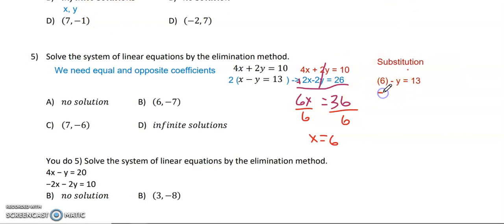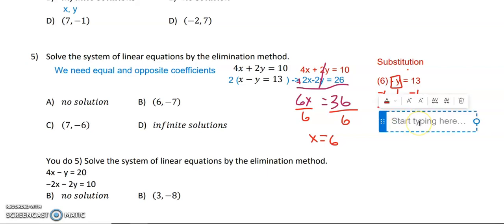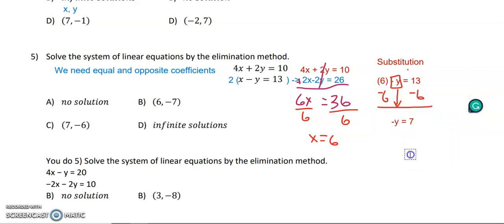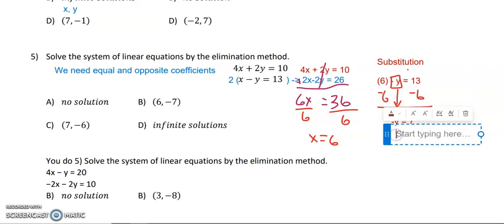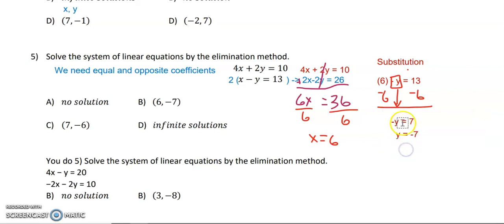So I'm going to minus 6 on both sides. Okay, and then the negative y is going to come on down. So I'll get negative y is equal to 13 minus 6 is 7. And then I should change the sign. So instead of negative y, now I'm going to have y, and instead of 7, I'll have negative 7. So if you guys see, I just multiplied this equation by negative 1 to change the sign.